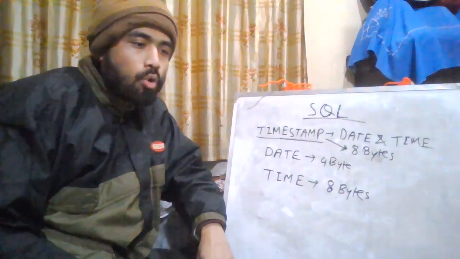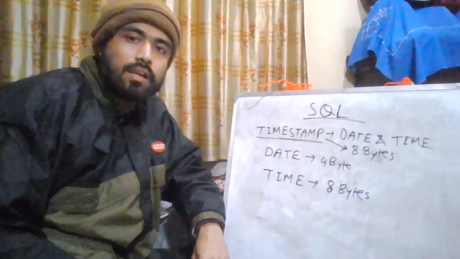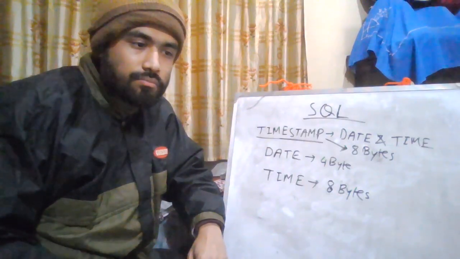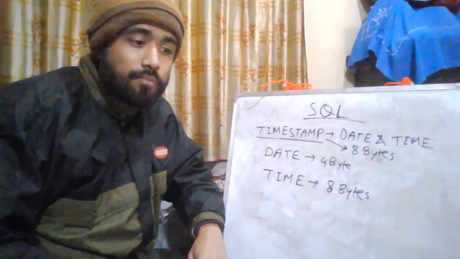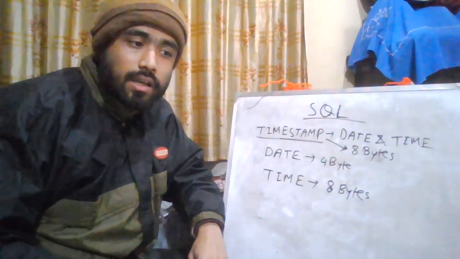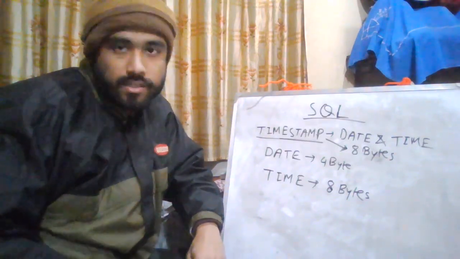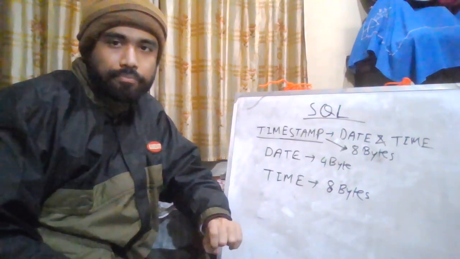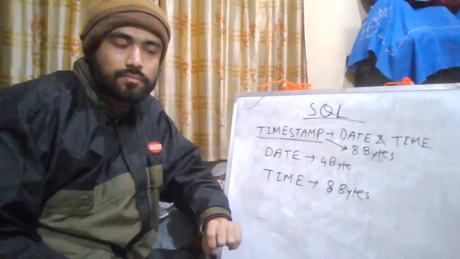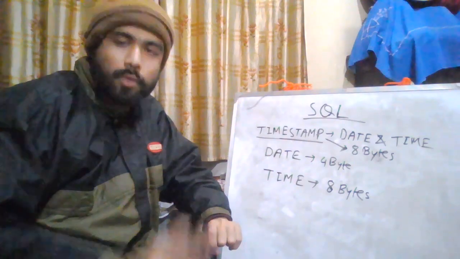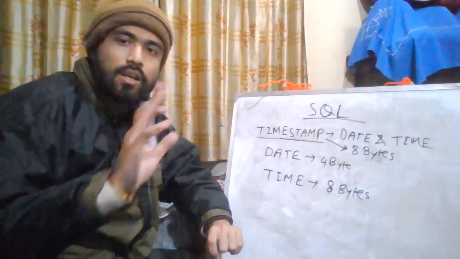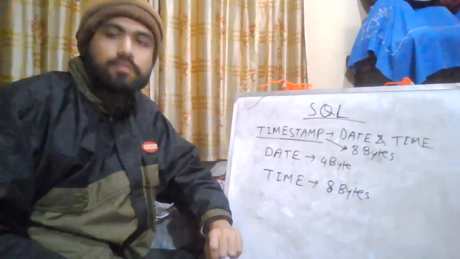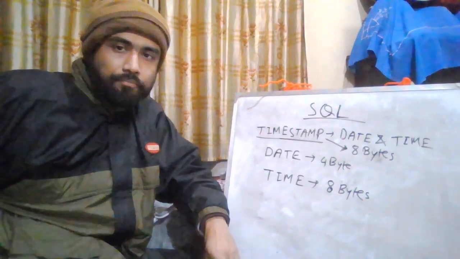So the range is 4713 BC to about 5.8 million years, less than 6 million is the range.